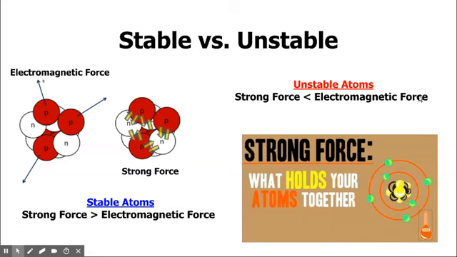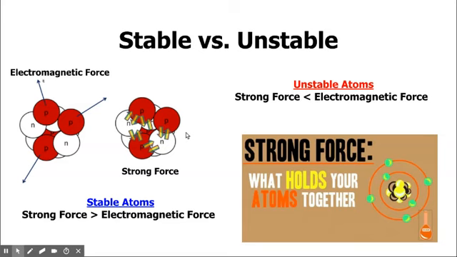And the reason being is because the electromagnetic force becomes greater. And this is because the strong force, if we go back here, the strong force is really strong at the center of the nucleus. When you get farther and farther out from the center of the nucleus, meaning when we get more and more protons and neutrons in that nucleus, the nucleus gets larger and larger. Well, then you get farther and farther away from that center point.